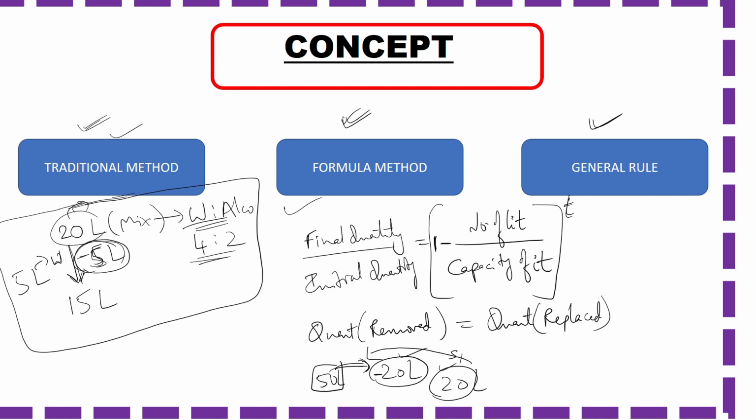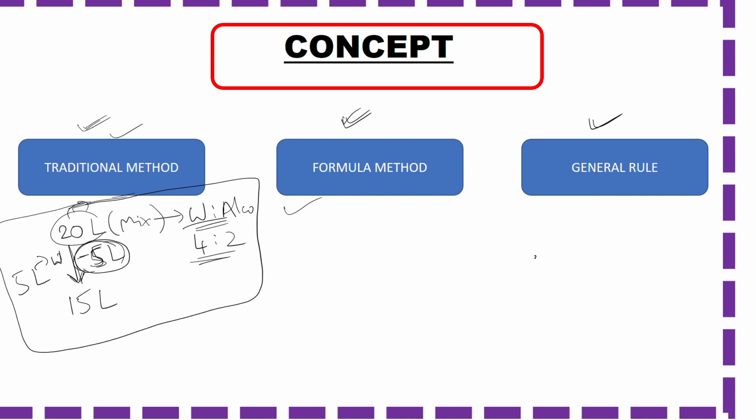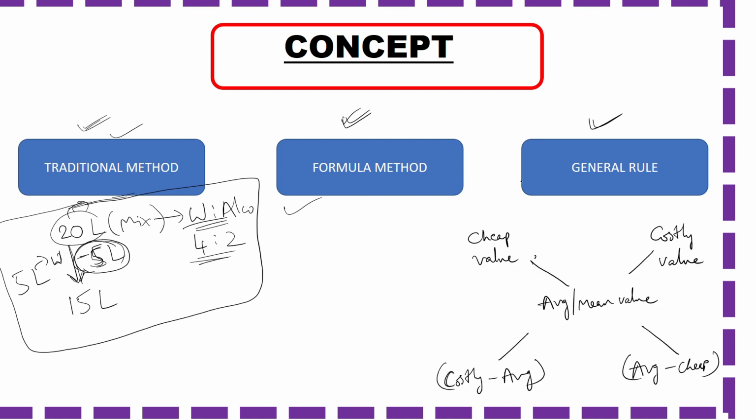And what about the general rule? Let me erase this. And if we move to the general rule, you must have seen this structure somewhere in your life. So on the left hand side we have cheaper value, right? On the right hand side we have the costly value, the expensive ones. At the center we have the mean value, that is the average value.